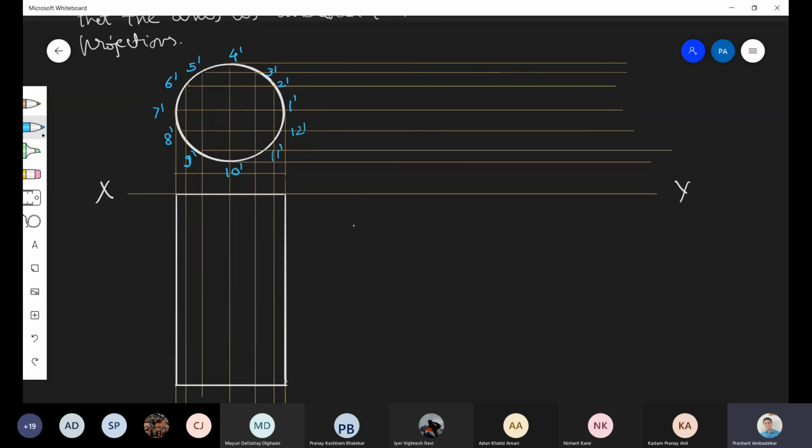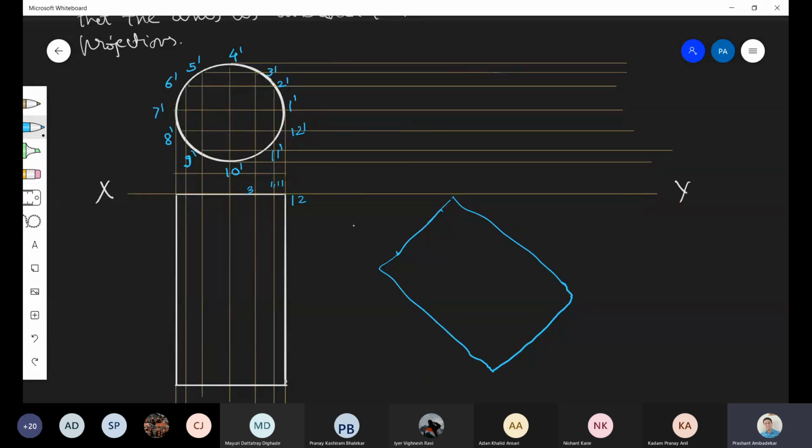And similarly, you will have A, B, C, D. The first point will be 1 and then 2, 12, 3, 11 and so on. So what we will do now here is, you will draw it like this. Okay. You know how to draw this.